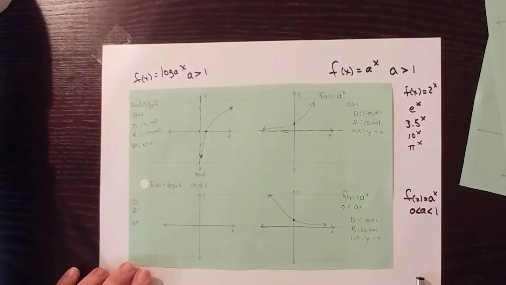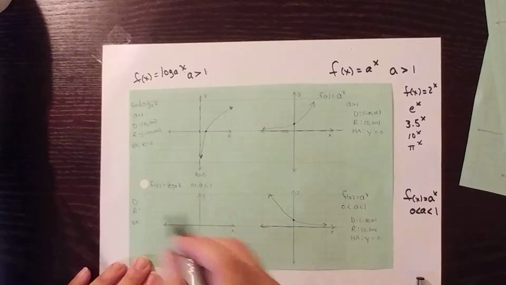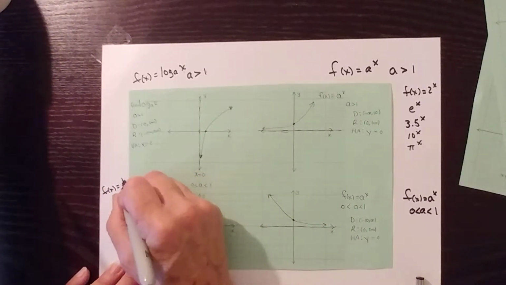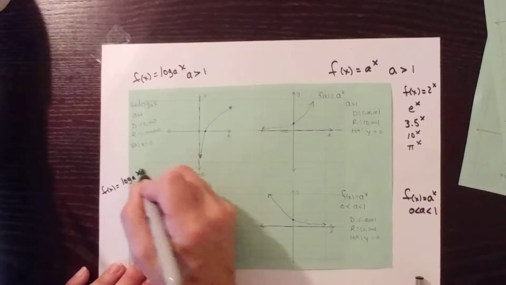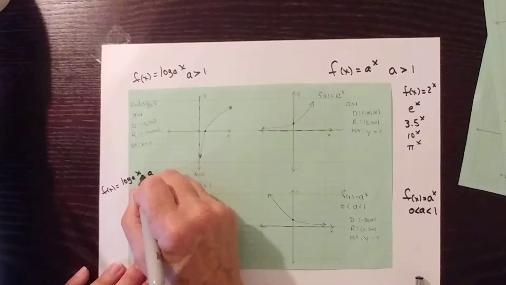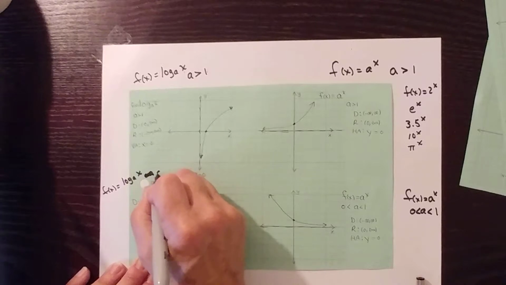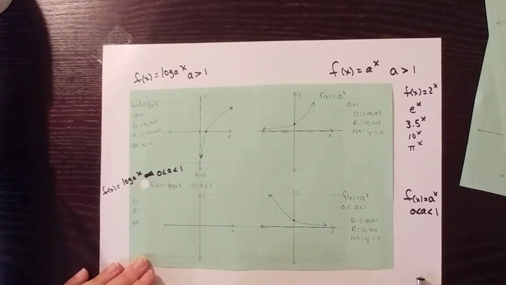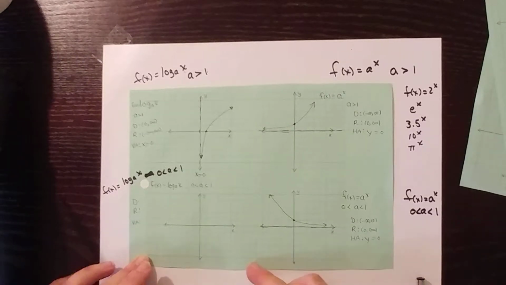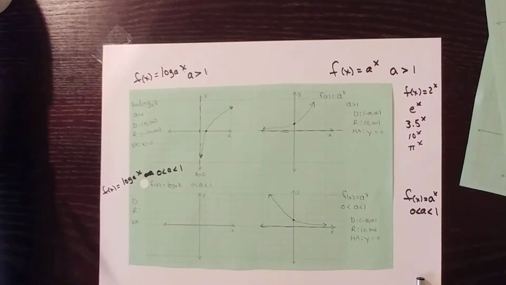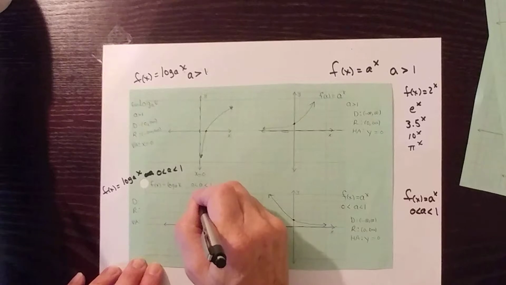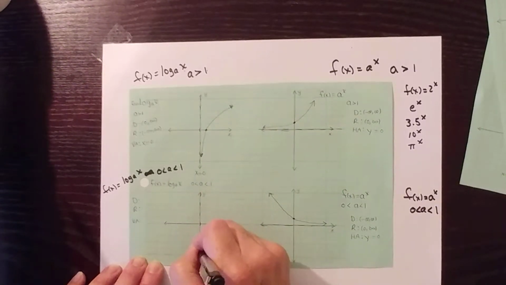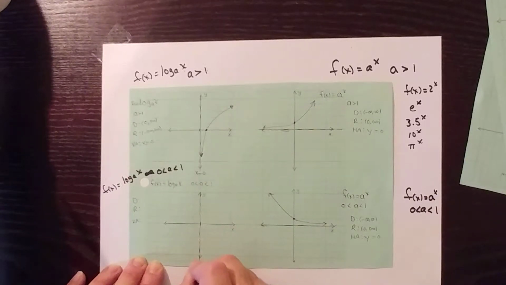Down here, this last graph is for f of x is equal to log base a of x, but in this case, the base a is between 0 and 1. And so when the base is between 0 and 1, it looks like this. It still has a vertical asymptote right here at x equals 0.